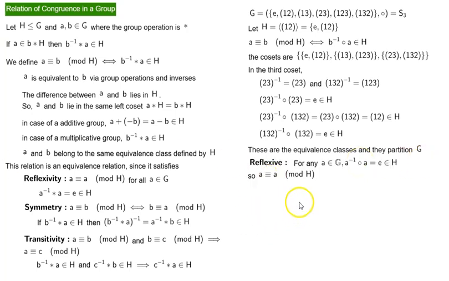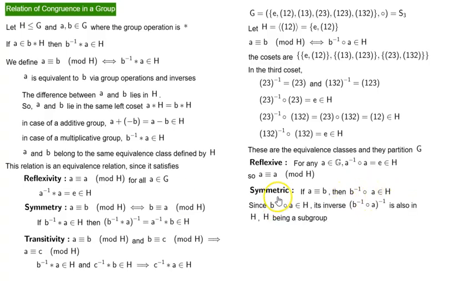Again, let's look at the equivalence properties. Reflexive: for any a in G, a inverse times a is equal to e, which is in H. So a is congruent to a mod H. Symmetric: if a is congruent to b, then b inverse times a is in H. Since b inverse times a is in H, its inverse, (b inverse times a) inverse, is also in H, H being a subgroup.